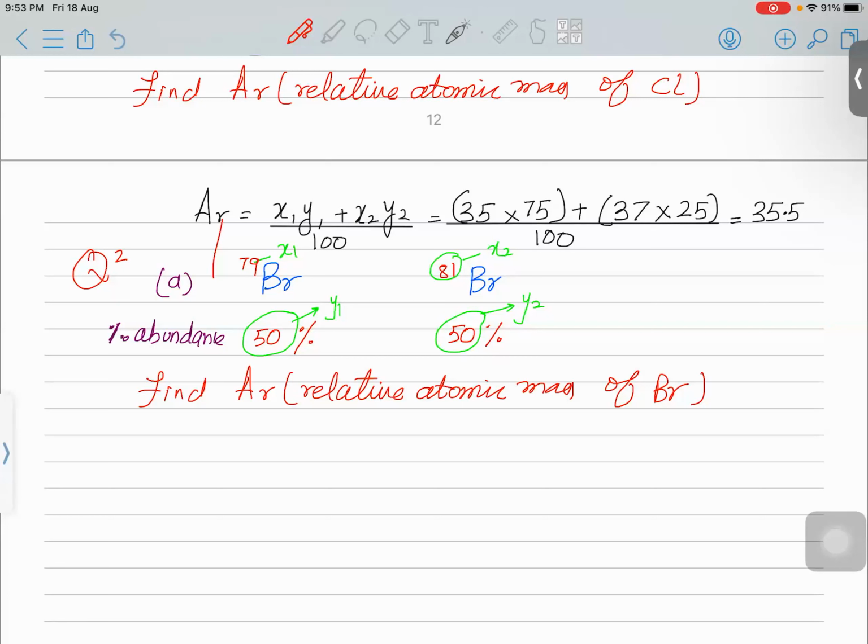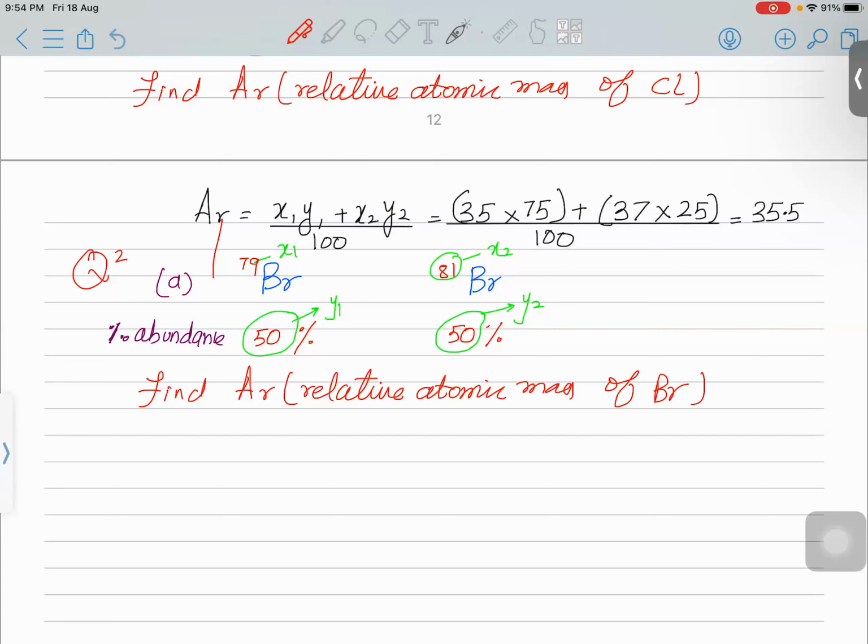Percentage abundance means the number of fruits in your refrigerator. Suppose you have only mangoes in your fridge, then the percentage abundance of mangoes would be 100.